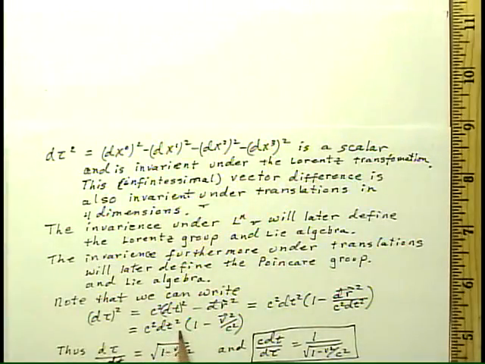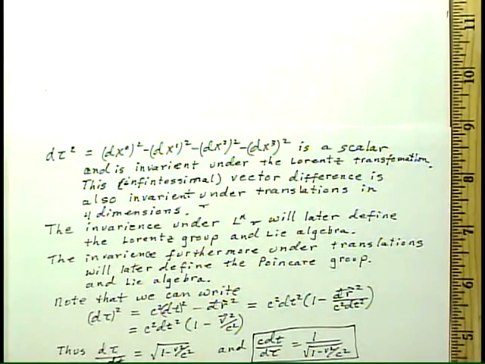This gives us c squared dt squared, and by taking dr squared over dt squared, we realize that is the vector velocity squared, or dotted with itself, divided by c squared. Now, if we take the ratio of this term to this term, we see that that is the square root of 1 minus v squared over c squared, or to take the reciprocals of both sides, c dt divided by d tau is equal to 1 over the square root of 1 minus v squared over c squared.